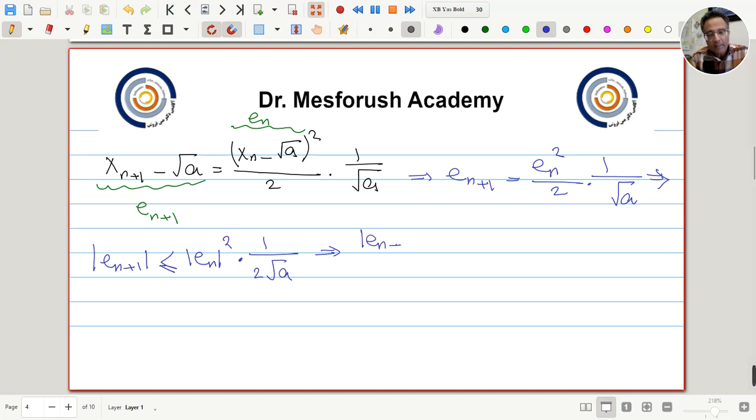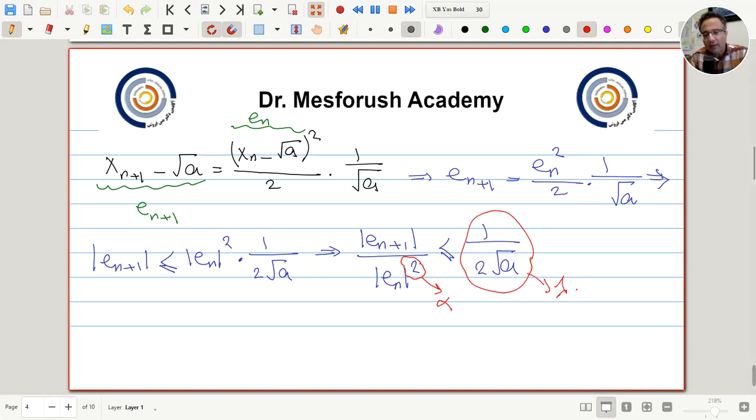We get absolute value of e_{n+1} over e_n squared less or equal 1 over 2 square root of a. So this is exactly the definition of the rate of convergence if we consider the limit form, and we get this alpha and we get this lambda.